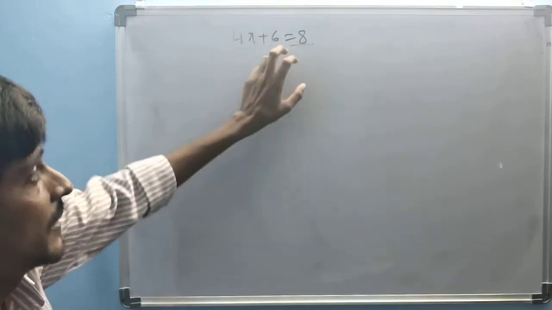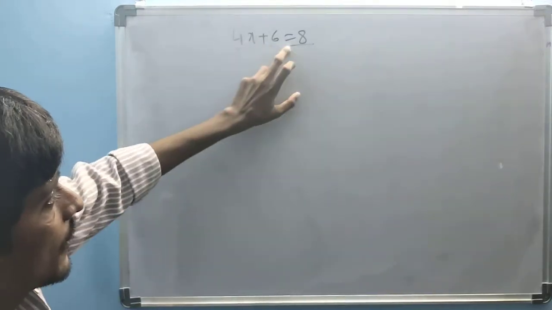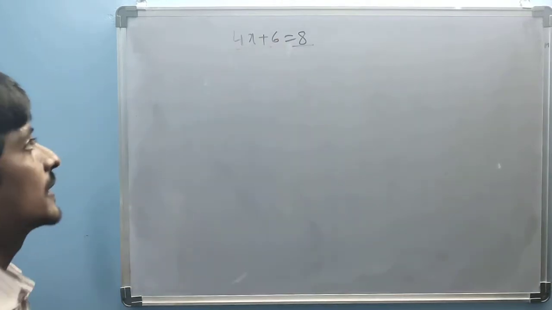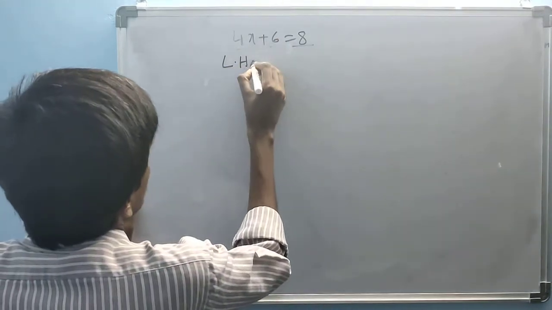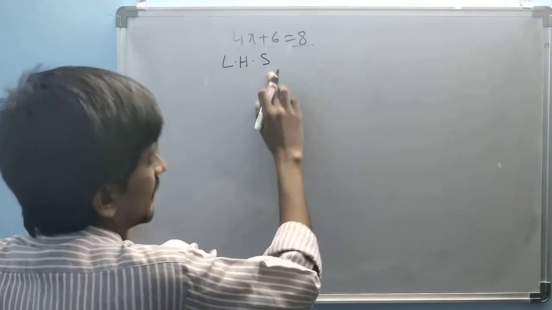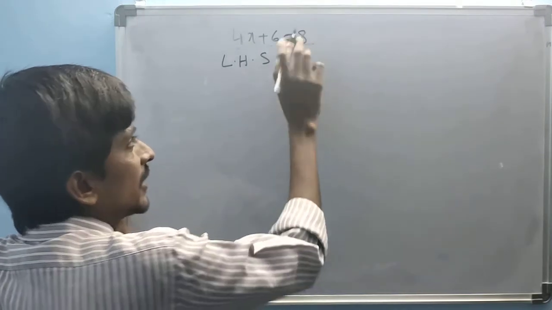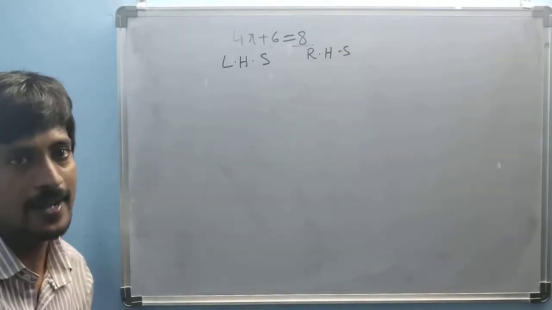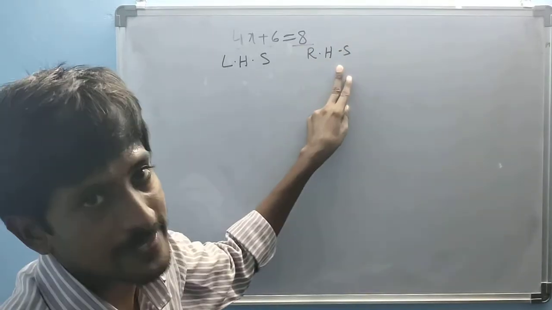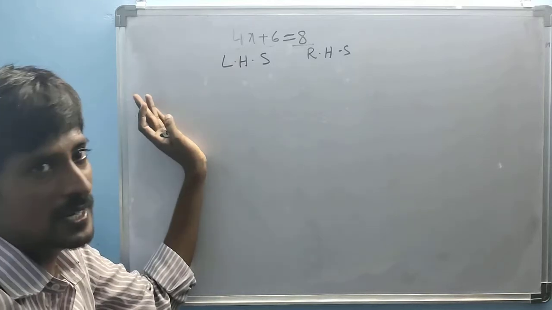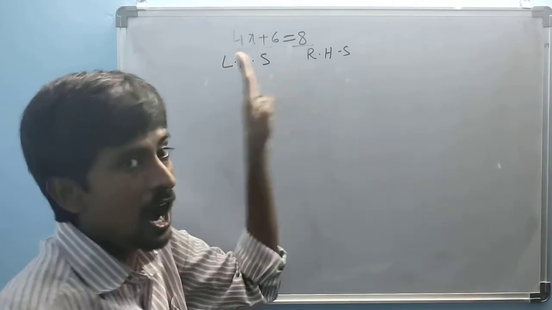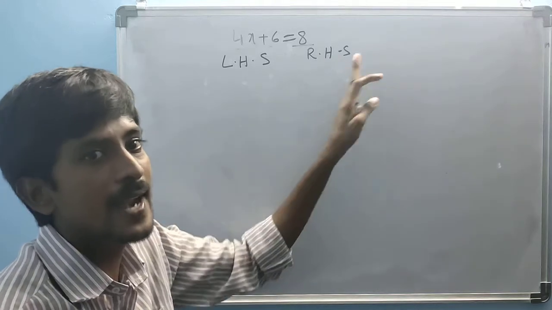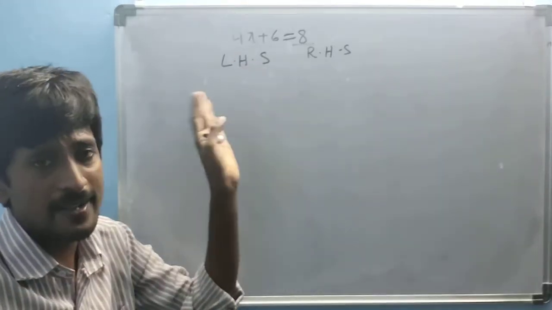In the equation, before the equality symbol is the left side, called LHS, left hand side. After the equality symbol is RHS, right hand side. LHS means left hand side, RHS means right hand side.